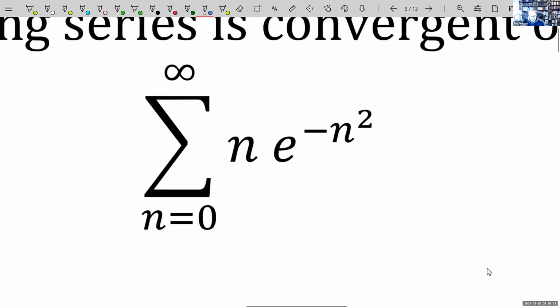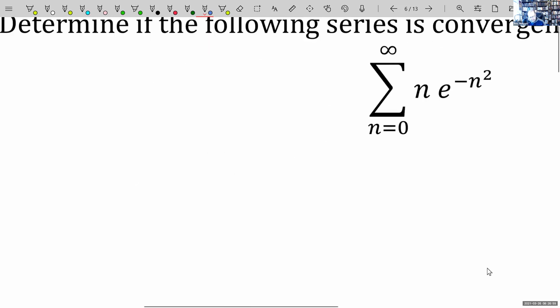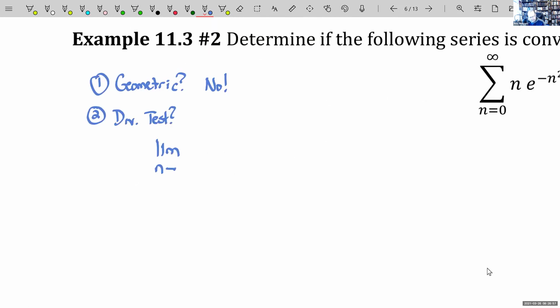So if you were to use the divergence test here, you'd ask, what about the limit as n goes to infinity of n e to the negative n squared? Because I'm not specifically saying to use the divergence test here, you don't have to show me your work on this, but I'm telling you right now, this is 0.